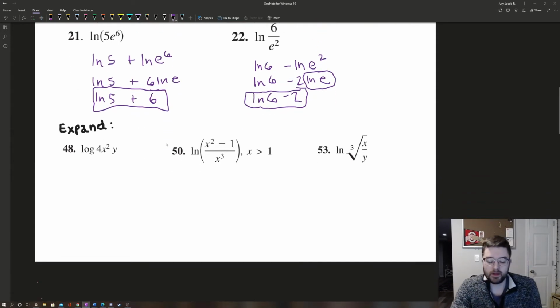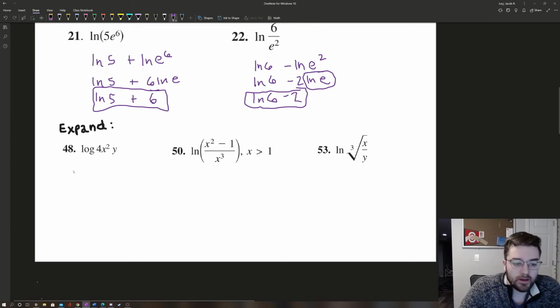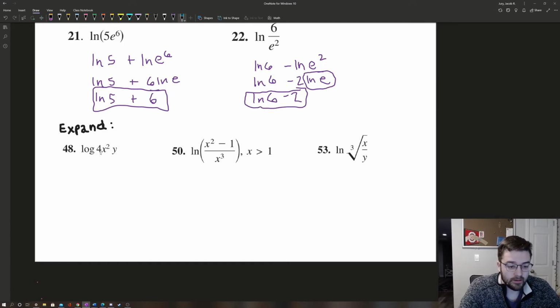And now we're going to expand with variables. So on 48, we're going to just split things up, even the coefficients and the variables.